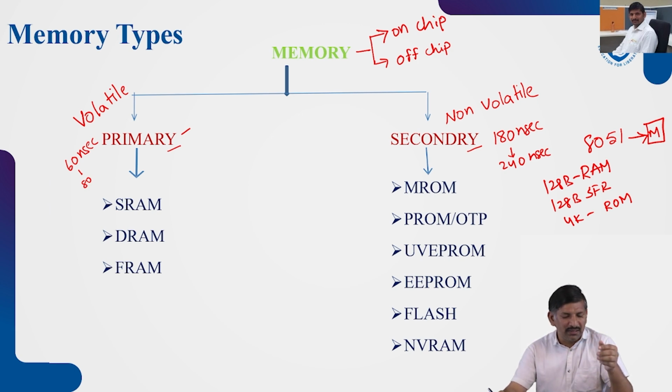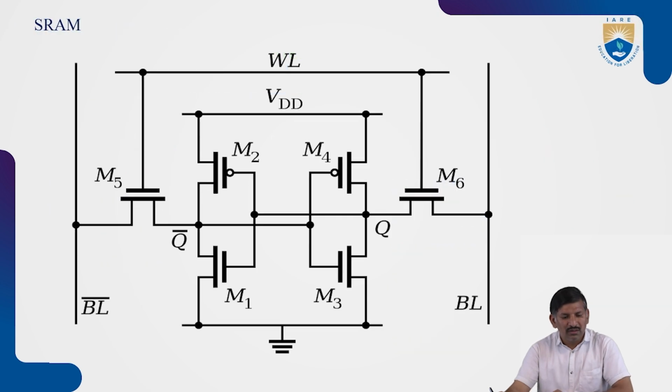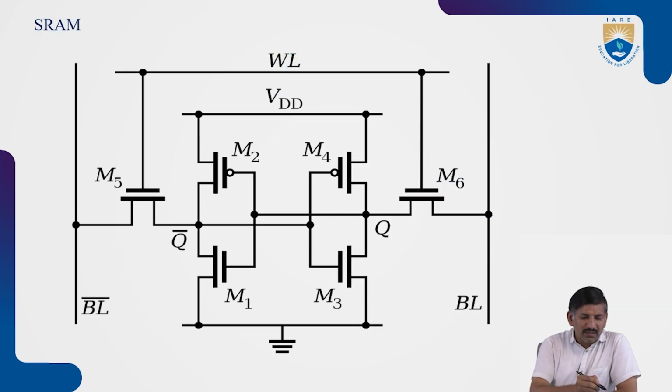The main parameter is volatile and non-volatile. We will check one by one. First, volatile memory devices. In that, the first one is static random access memory. The static random access memory is made up of 6 MOSFETs: MOSFET 1, 2, 3, 4, 5, 6.